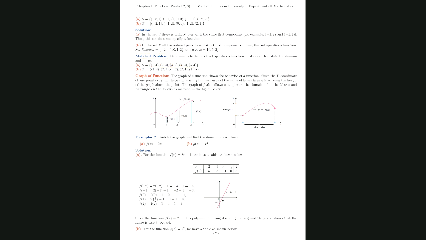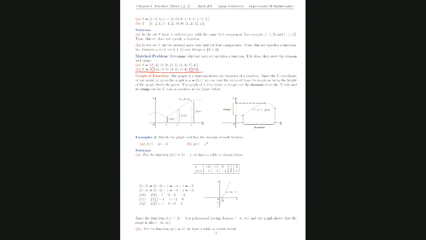Set T. Tell me, is set T a function or not? Set T is not a function. Why not? Because look, input 1 appears 1 time here, and input 1 appears here 2 times.